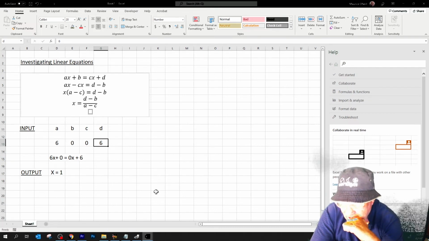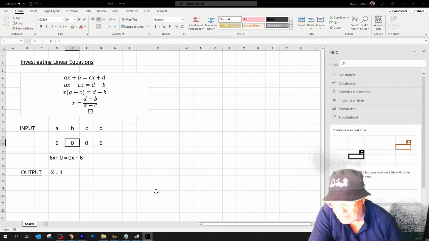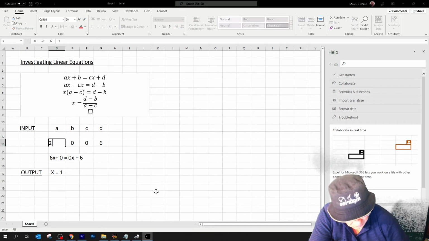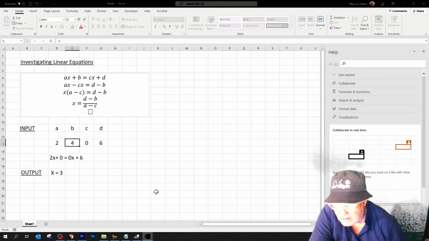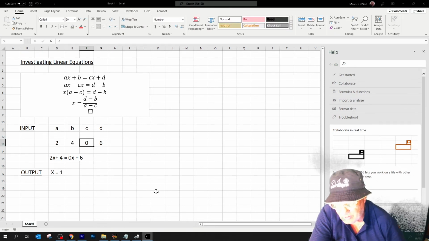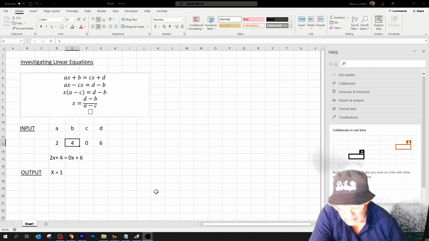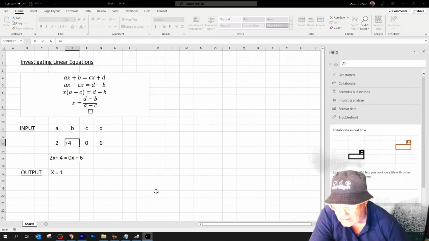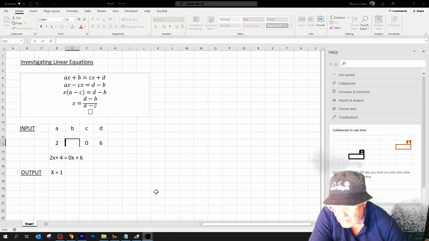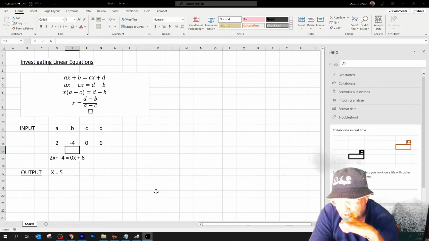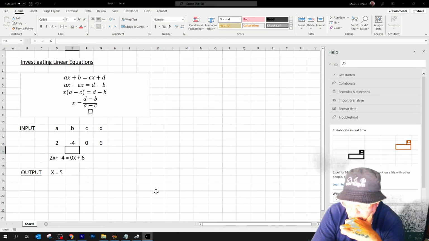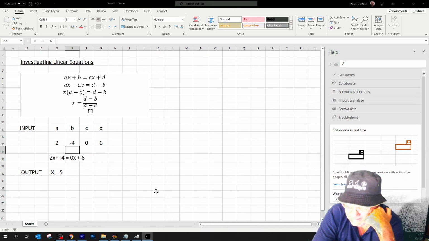Yep, 6x, that's correct. If we put 2x plus 4 equals 6, x equals 1. If we put 2x minus 4 in there, 2x minus 4 equals 6, x equals 5.